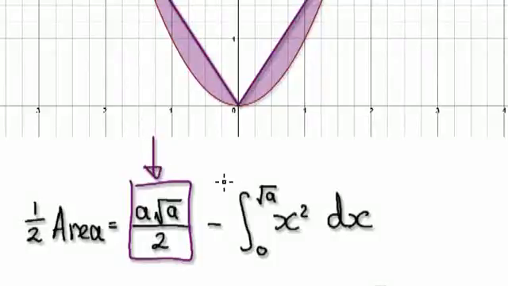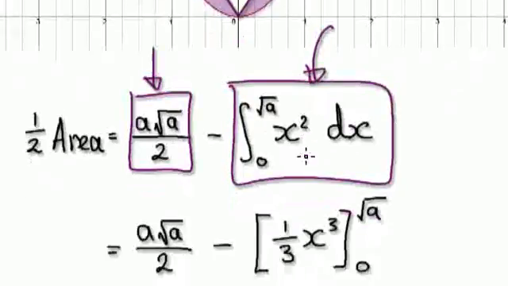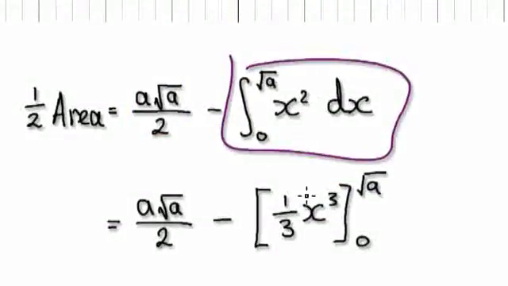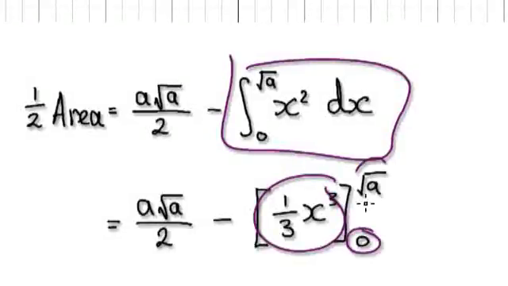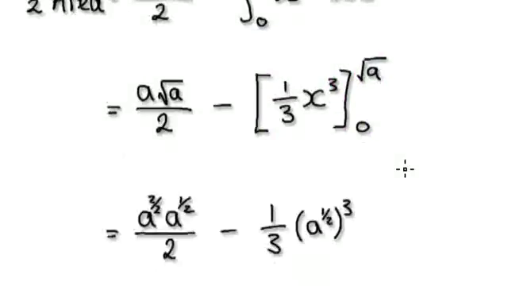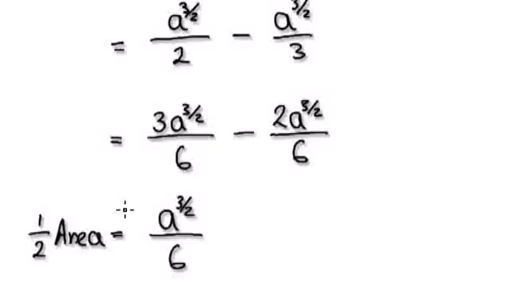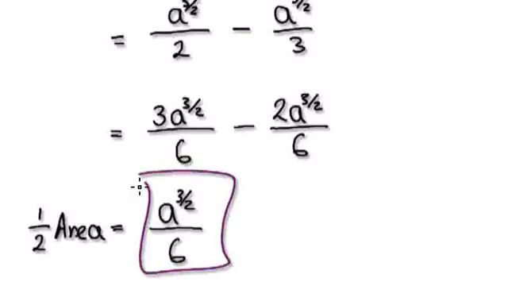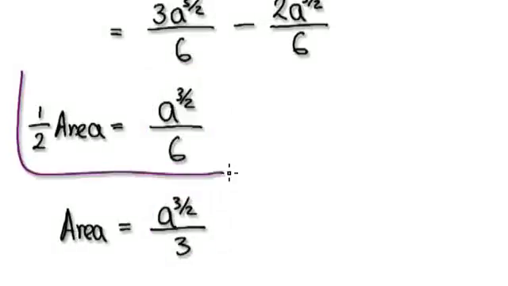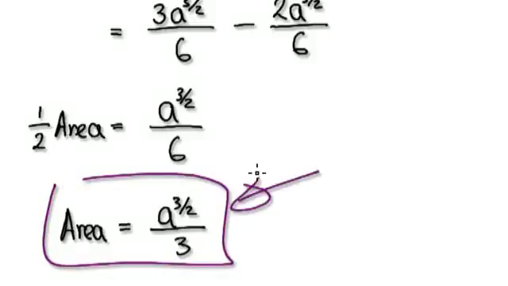This here is our triangle, and then take away this thing, and then integrate it, from 0 to root A. Then tidy up, and it should give you that half of the area equals this. So therefore, you times both sides by 2, and it will give you this. So this is one method.